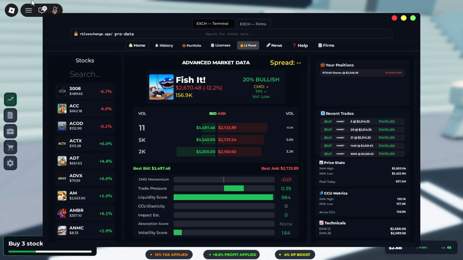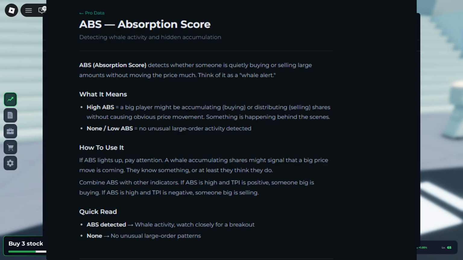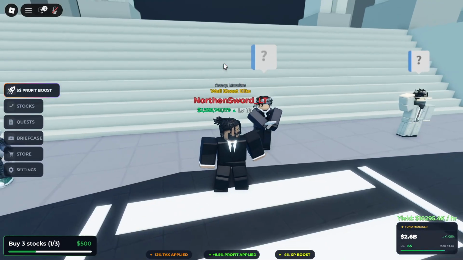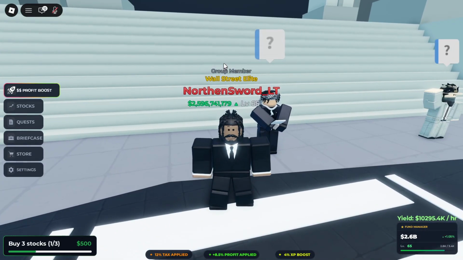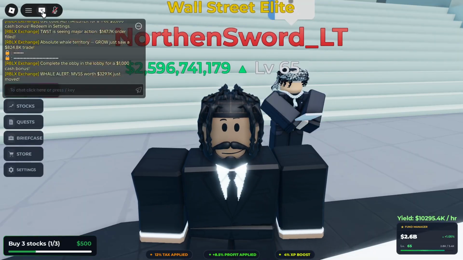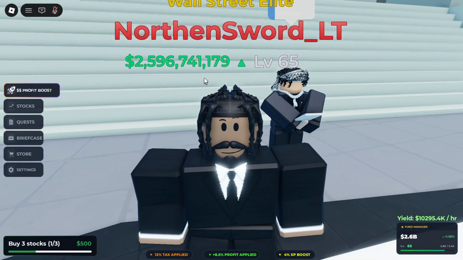Now we go on to the absorption score. This is basically detecting whale activity and hidden accumulation. A person is considered a whale when they can literally pump the market and completely change the price of a stock based on the money that they have. So I am considered a whale because I am able to pump a stock up and increase its value.